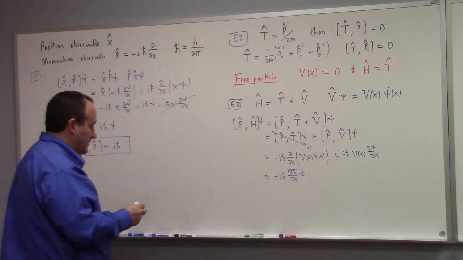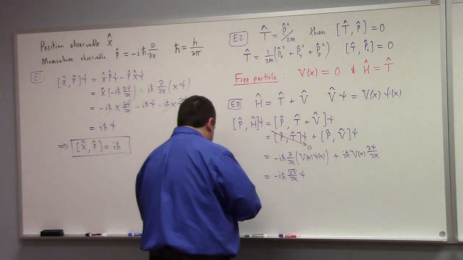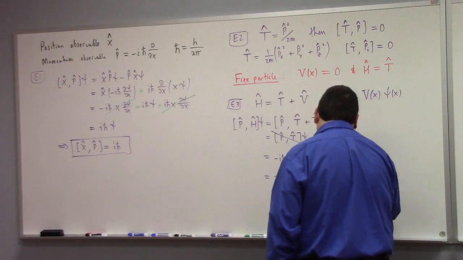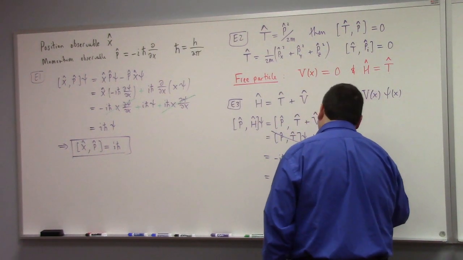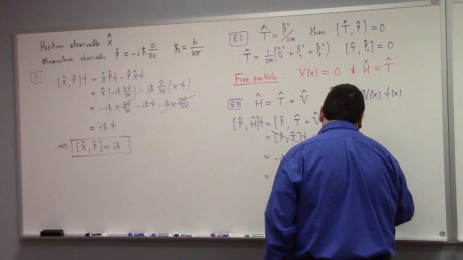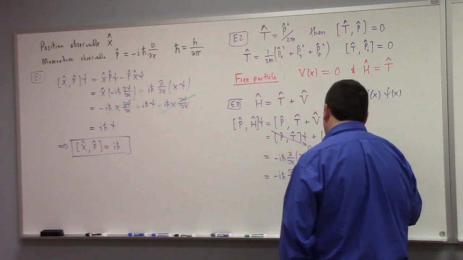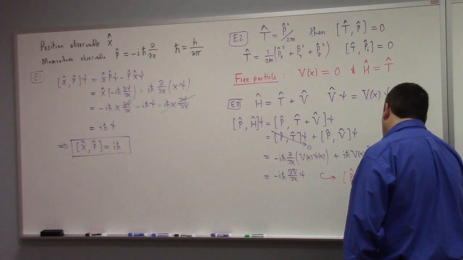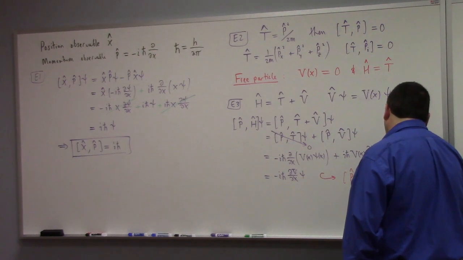So in other words, what we have here is the fact that the commutator of momentum and the Hamiltonian, in the case of a system with potential energy V, is just equal to minus i h bar partial V partial x, all right?